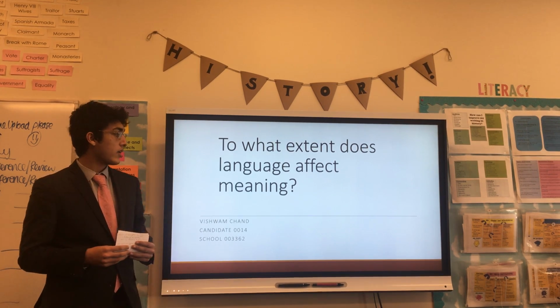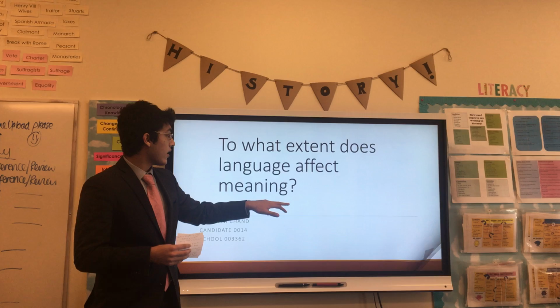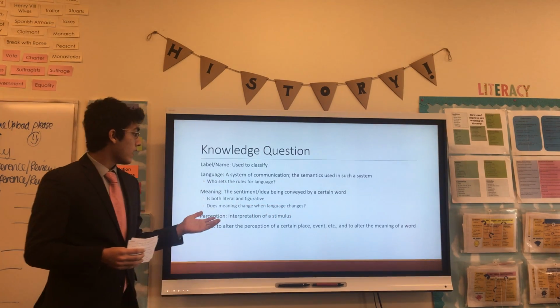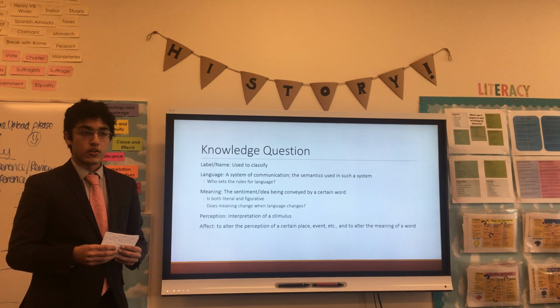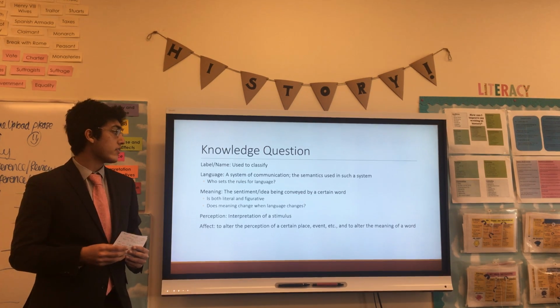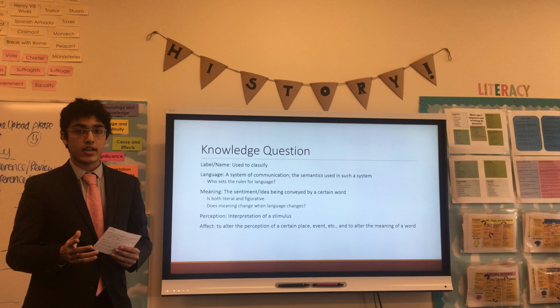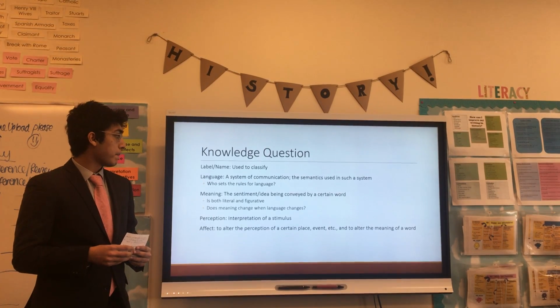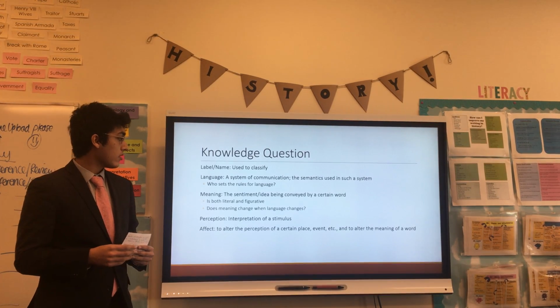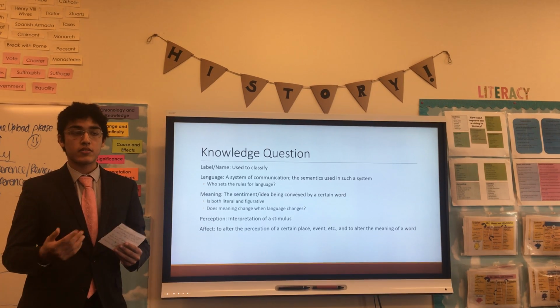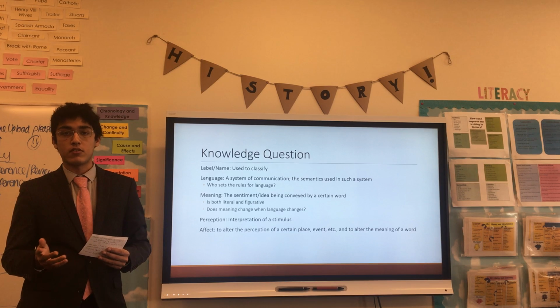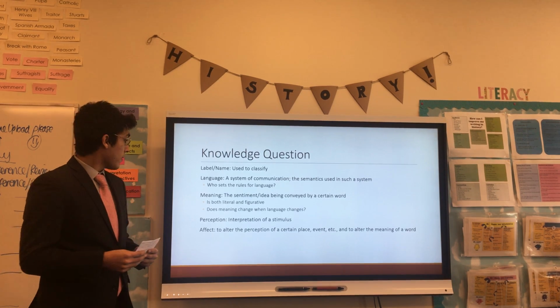To examine this, we'll first have to understand what the question means. A language is defined as a system of communication, including the semantics, grammar and vocabulary of such a language. The meaning refers to the sentiment or the idea that is conveyed when using language or when using a name or a word.